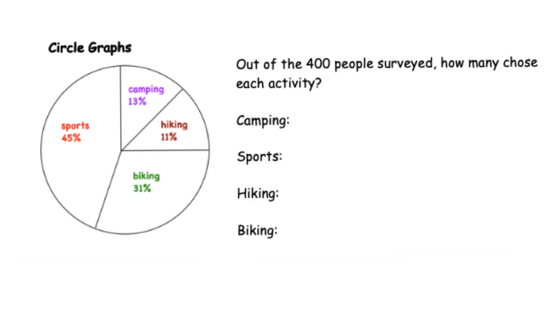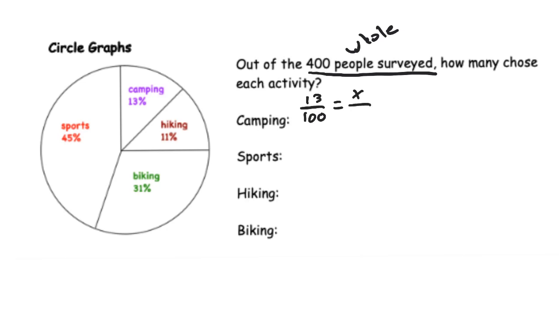In this problem, since they told you that there's 400 people surveyed, that's the whole. You know how many people they talked to and asked the question to. So when I'm looking at camping and it says that 13% of people like camping, I can set that up as a proportion. 13% over 100 equals the part, that's what I'm looking for, over the whole.